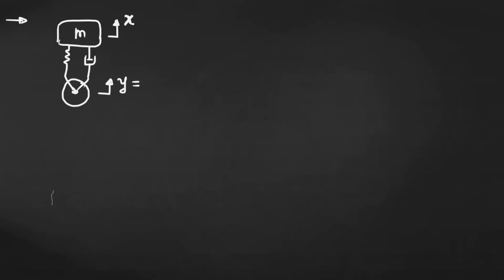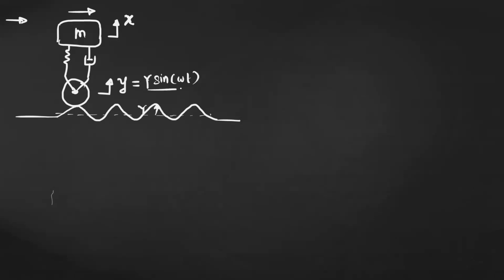That means if the vehicle is moving on the road surface, the road surface is assumed to be sinusoidal. So this road profile has the amplitude capital Y. So we will write the equation for y as capital Y sine omega t. So this is the displacement received by the wheel.